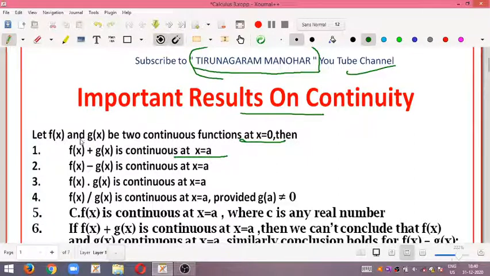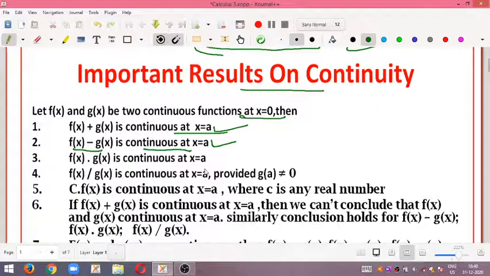That means if two functions are continuous separately, then the addition is also continuous at x is equal to a. Its subtraction is also continuous at that point, and the product is also continuous at the given point. Its division f of x by g of x is also continuous at the given point a, provided g of a is not equal to 0.